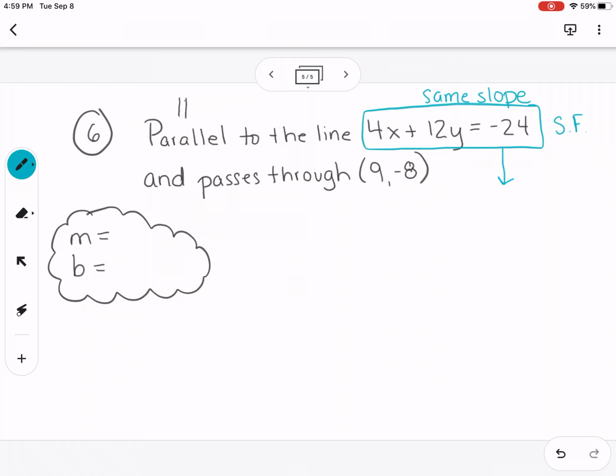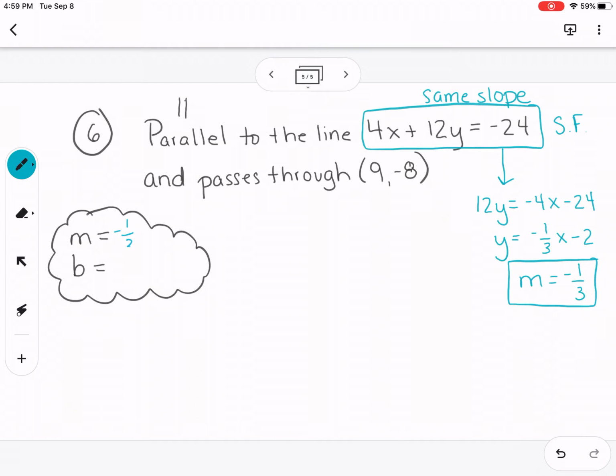So y equals mx plus b. So I'm going to move my 4x to the right-hand side, divide both sides by 12, remembering sharing is caring, so divide that 12 into all your terms. And so the slope of my line is negative 1/3. Because it's parallel, that's also going to be my slope, negative 1/3. So I'm going to put that in my bubble over here.